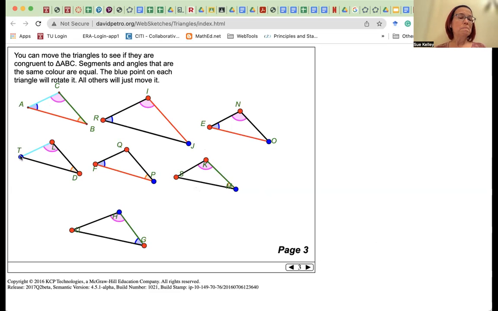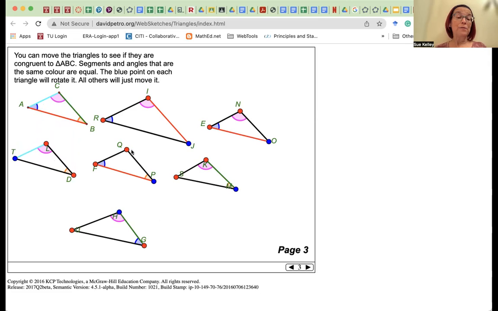So here for TLD, we can see that we have an angle that matches up with angle C. We have an angle that matches up with angle B, and then we have a side that matches up with the side between A and C. All right, so this would be angle, angle, side. And if you want to test it, you can move it over there as we did in the previous video.